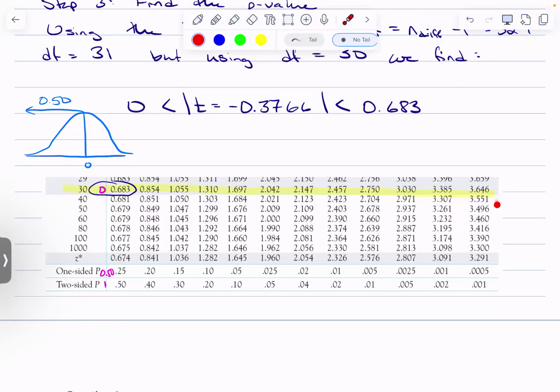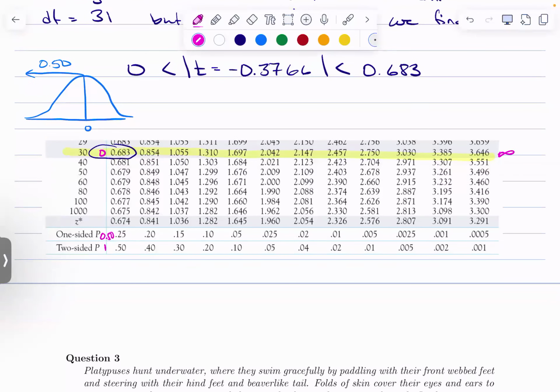You could have the same scenario over on the other side. The next stop is infinity. At infinity, the area in one of the tails is 0, and 0 times 2 is still 0. Maybe just for completeness, I'll put those there, and 2 times 0 is 0. Kind of a special case.